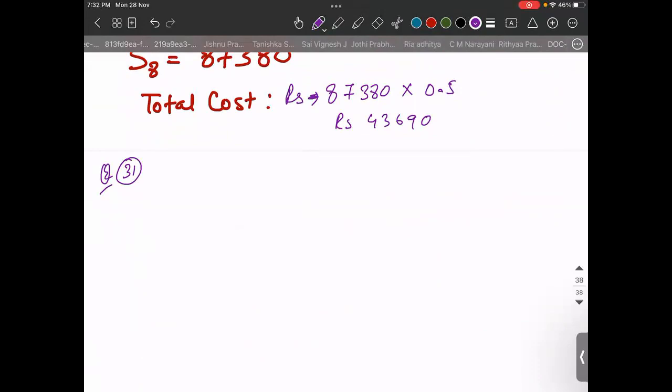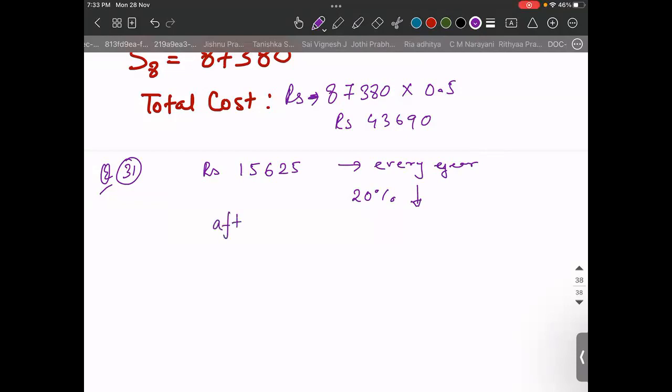Okay, a manufacturer reckons that the value of a machine, which costs 15625 rupees, will depreciate each year by 20%. So every year its value will decrease by 20%. Find the estimated value at the end of 5 years.